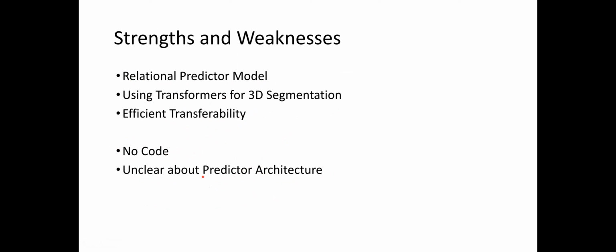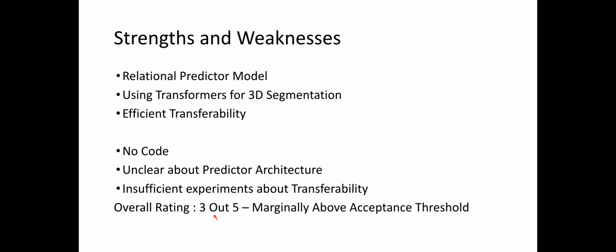They say that they use a transformer network with transformer blocks and fully connected layers to predict the network, but the attention and the dimensions used to construct the transformer architecture are not clear. They also give only a few experiments about transferability. They transfer to one data set in MSD, but do not transfer to other data sets and show their results. Overall, I will give this paper 3 out of 5.